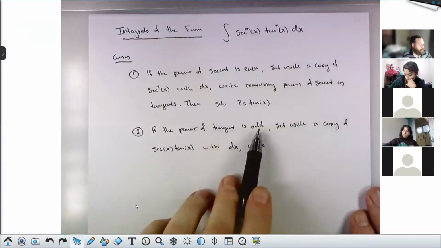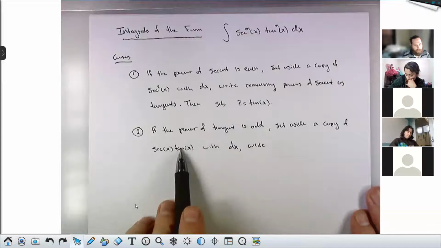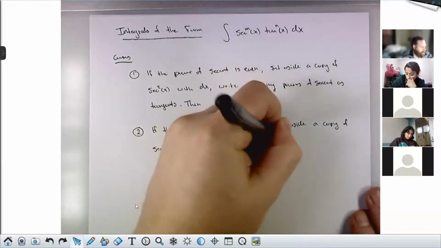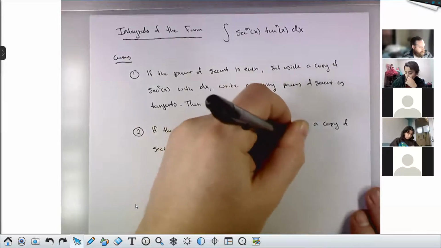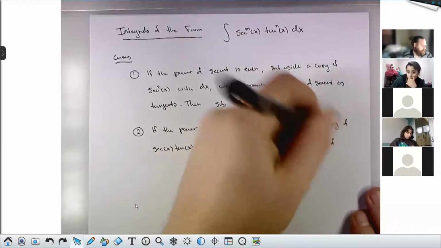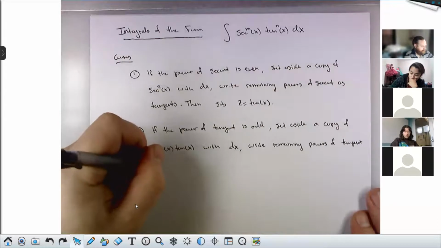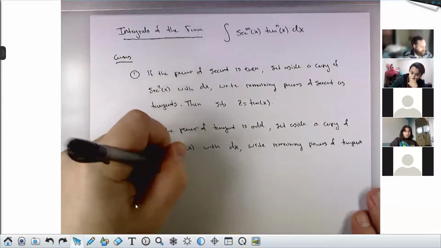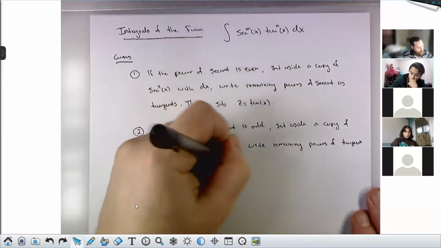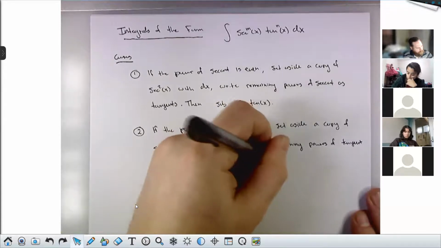So you started with an odd power of tangent. When you set aside a copy of secant tangent, you're taking 1 away from that odd power. You'll have an even power of tangent left over. So write the remaining even powers of tangent as secants. Then sub z equals secant x.